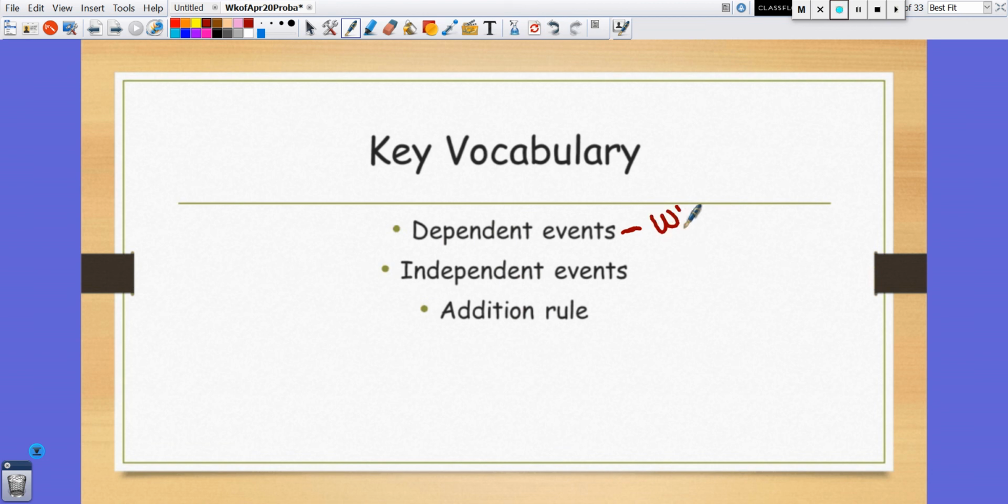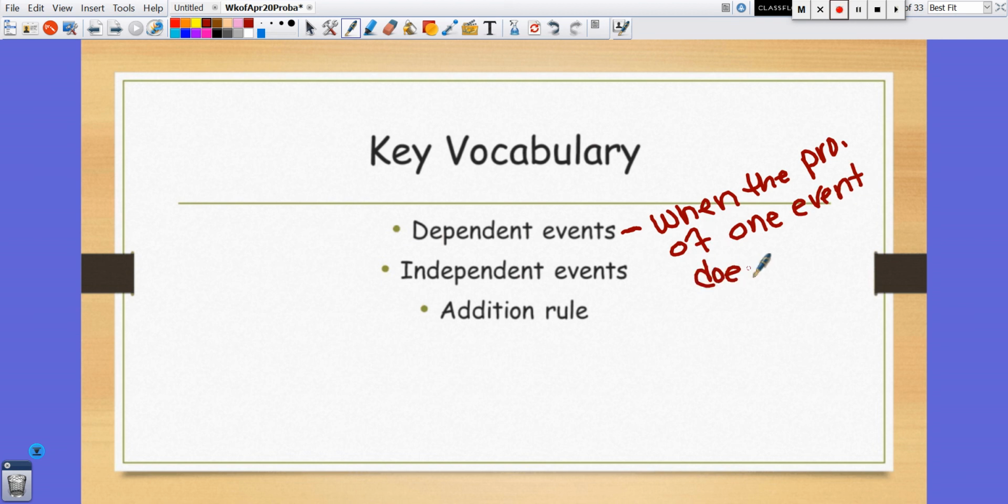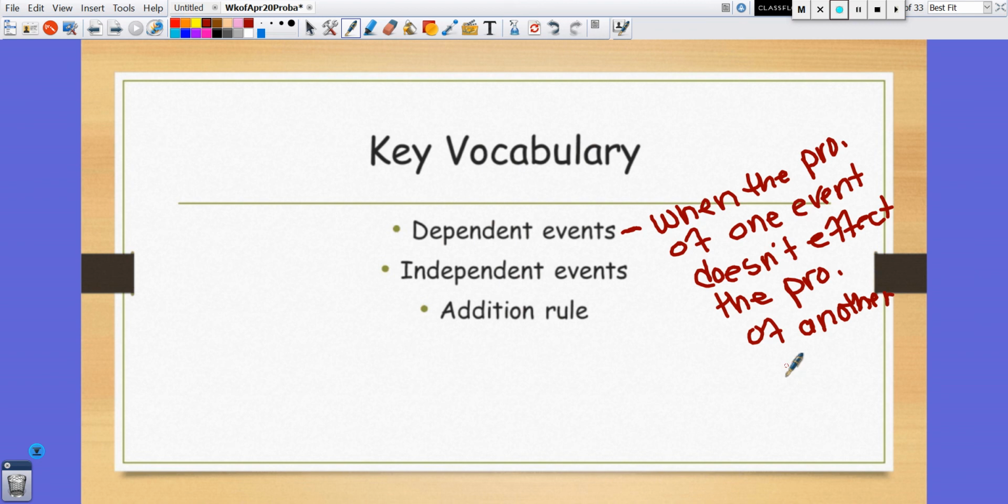Dependent events is when the probability of one event doesn't affect the probability of another event. Independent events means the probability... Oh wait, it's not that it doesn't.